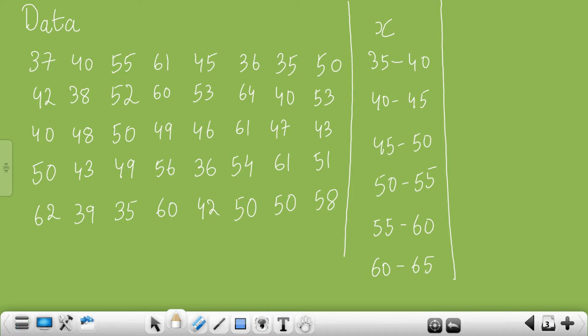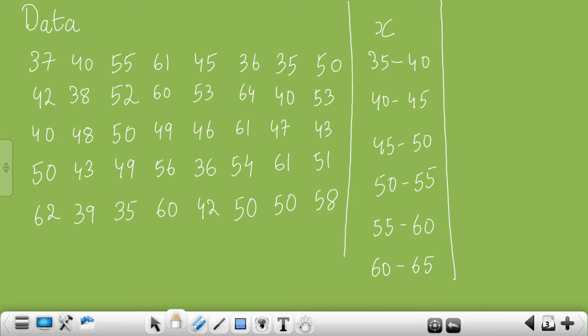Now while considering these values, we need to take into account each and every data observation, and understand where exactly each one would fall. So we will look at each of the data values and understand how it works, right?